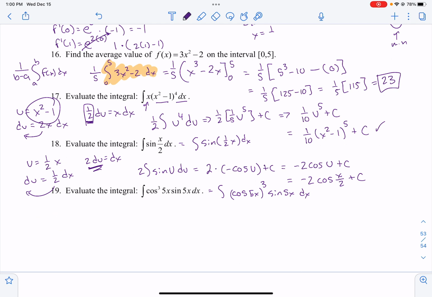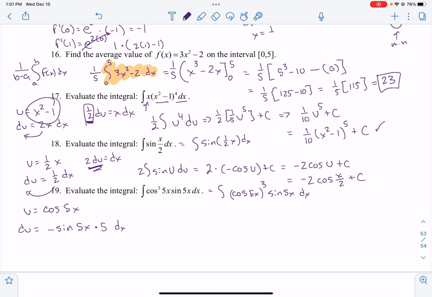Instead of 5x, let's let u equal the cosine of 5x. And then du is going to equal negative sine of 5x, but then I have to multiply by the derivative of the inside, 5, and then I get dx.